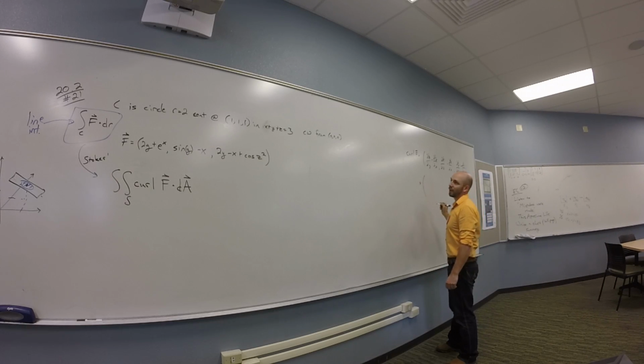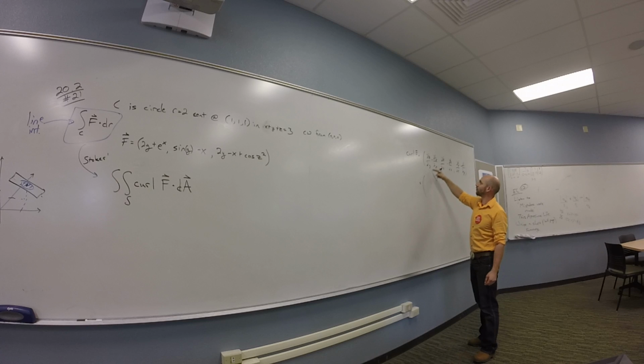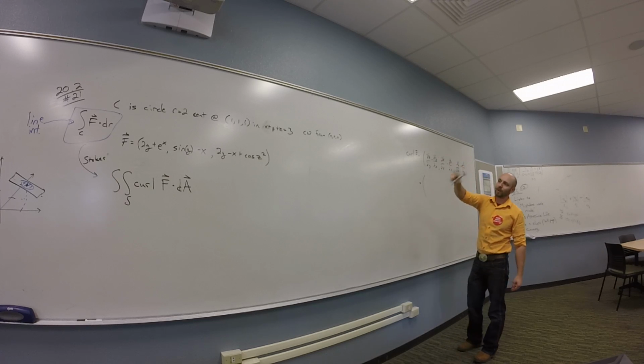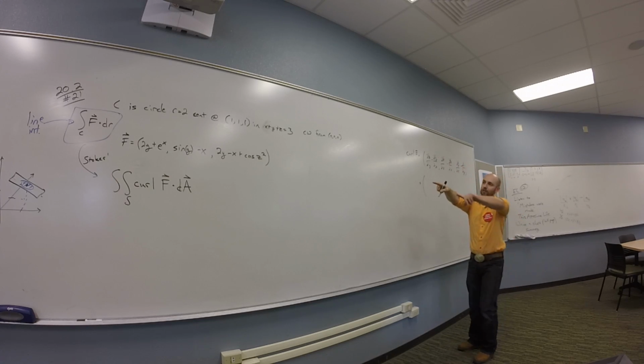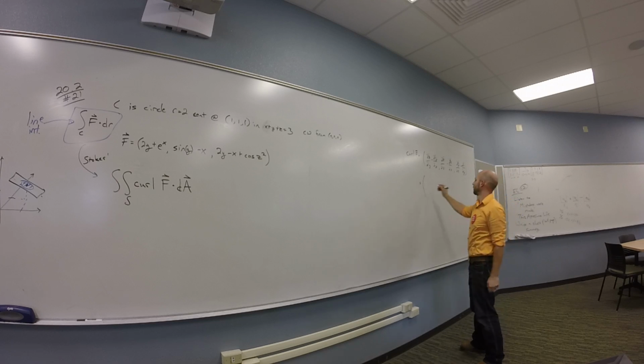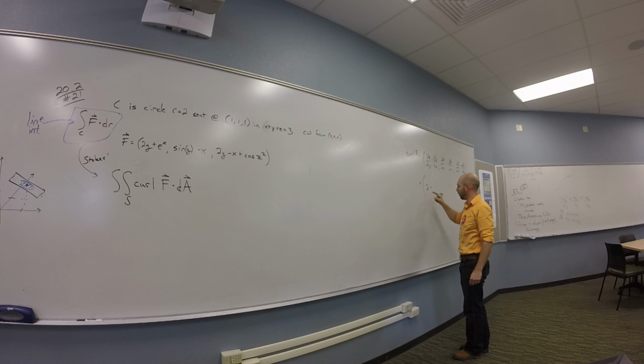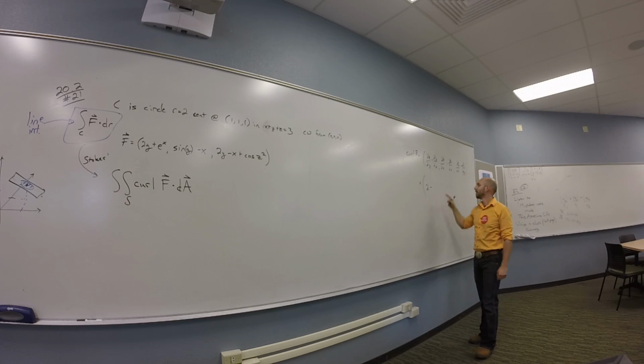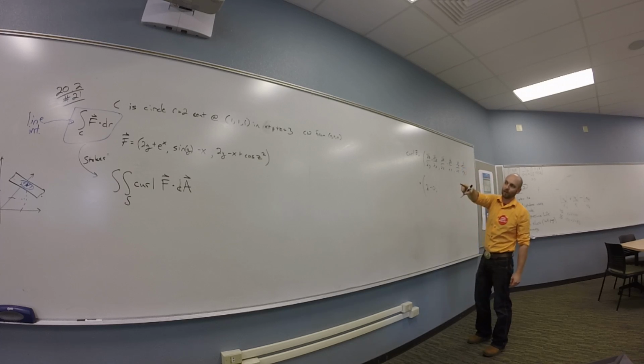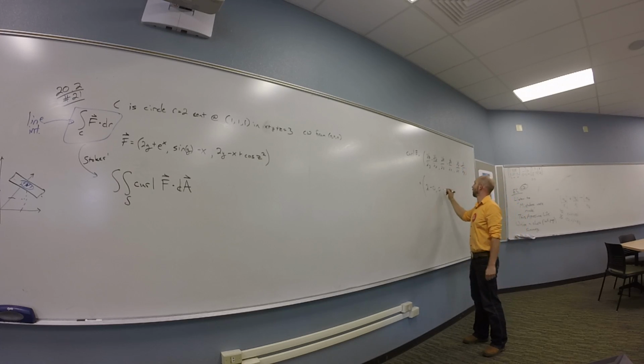So, what's the partial of the Z component with respect to Y? Yeah, sort of. It's partial of z. That's just 2. That's not a partial, that's a 2. I can see that. Okay, what's the Z partial of the Y component? 0. Okay, what's the Z partial of the X component? 0.